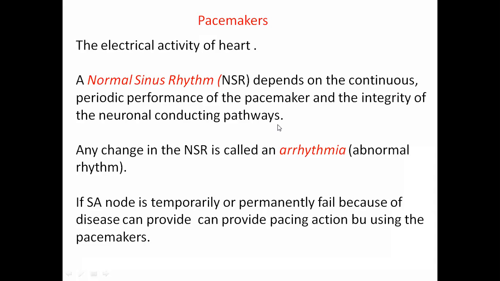Like that, periodically it will produce the pulses, and due to that the heart will be functioning properly. If anything happens, that is, any change in this particular sequence of generation of potentials, it is called arrhythmia, which is nothing but the abnormal rhythm.